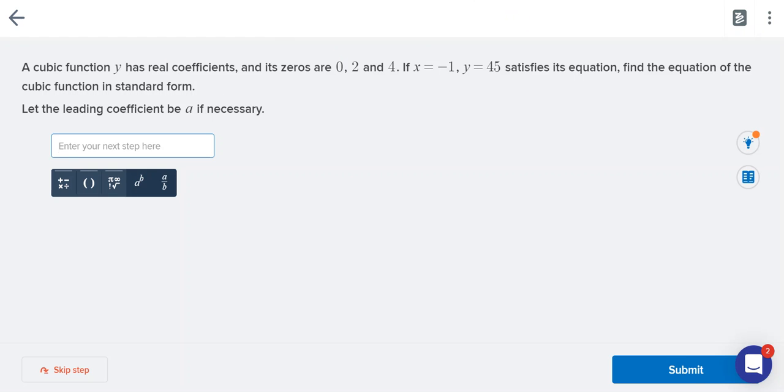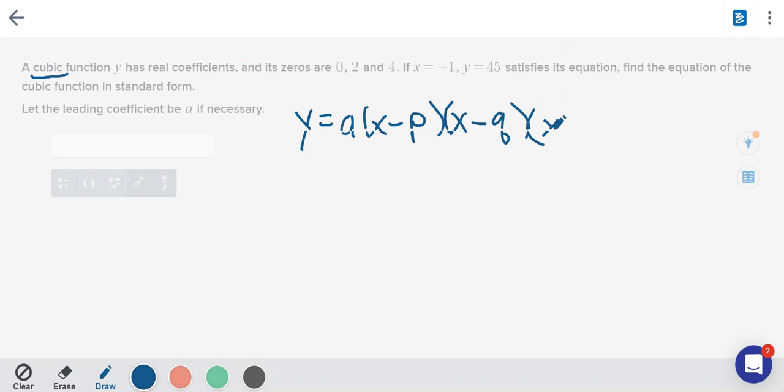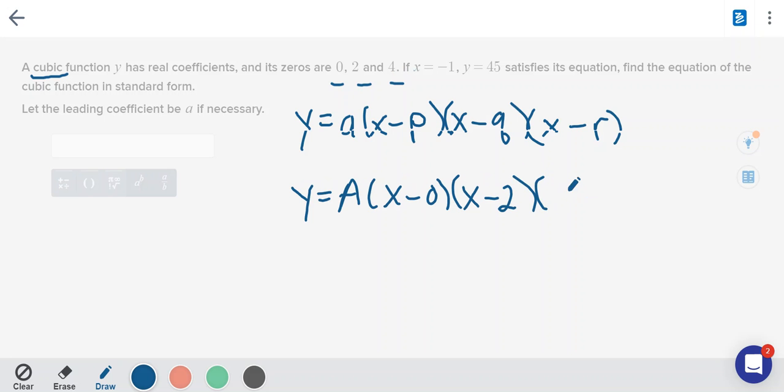All right, so now it's a different question. It's asking me to write the equation. Notice that I'm going to build off of intercept form from quadratics. But because this is cubic, I'm just going to add another factor. So we have 0, 2, and 4. I'm going to change to capital A. 0, 2, and 4.